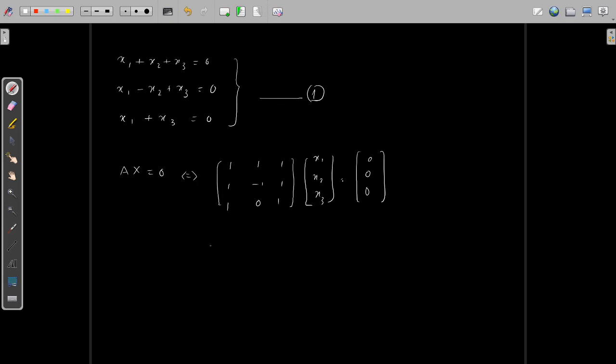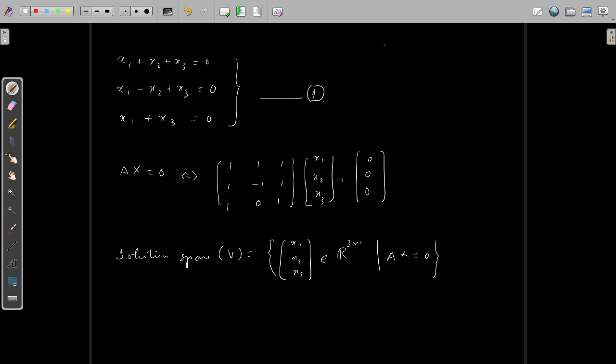We have seen that a homogeneous system of linear equations has a solution space. What are the solutions of this? The solution space is a vector space, obviously. So this solution space is the set of all x1, x2, x3 from R3 by 1 such that Ax equal to 0.